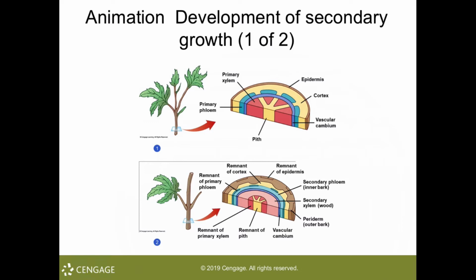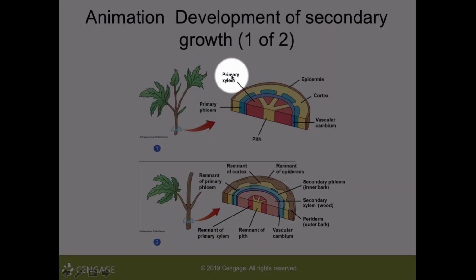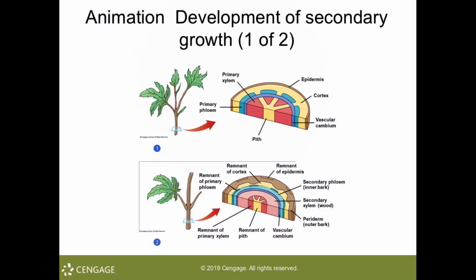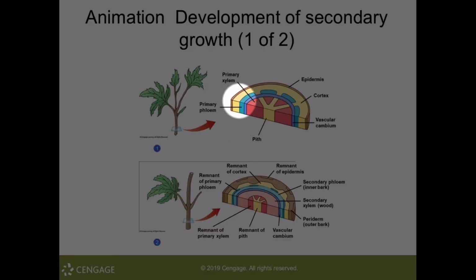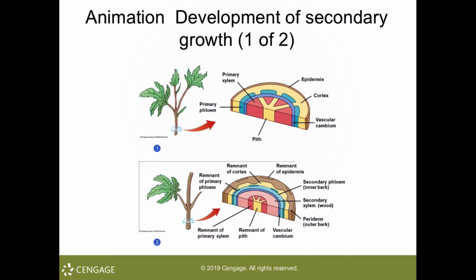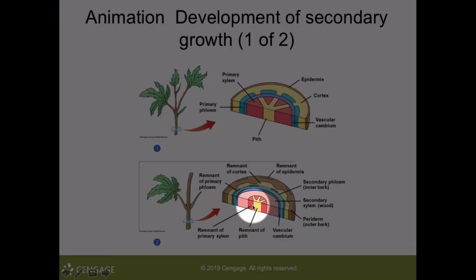So in the beginning, we have the primary xylem shown there in a bit of pink. And of course the primary phloem shown there in a bit of a teal color. And the cortex it surrounds. So if you look even closer, you will then see the remnants of that.